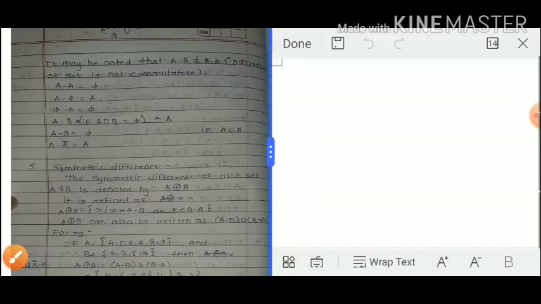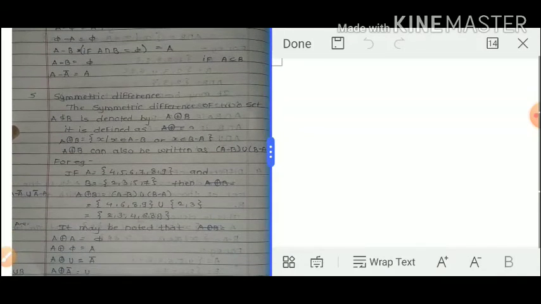Same thing, A minus A complement is always set A, you can study that at home.